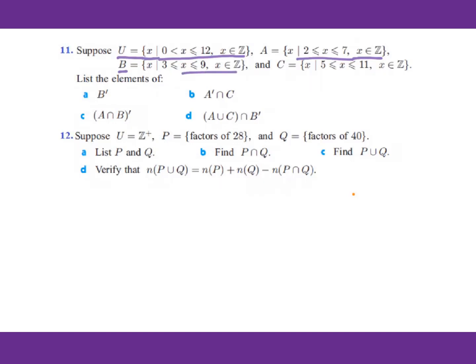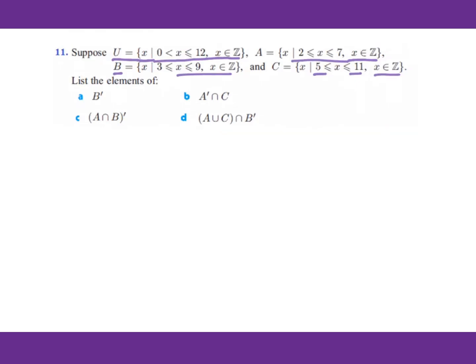For C, x between 5 and 11, 5 and 11 included, x is an integer. List the elements of B prime. First of all, we need to list the elements for each set. Like U will be 1, 2, 3, 4, 5, 6, 7, 8, 9, 10, 11, 12.